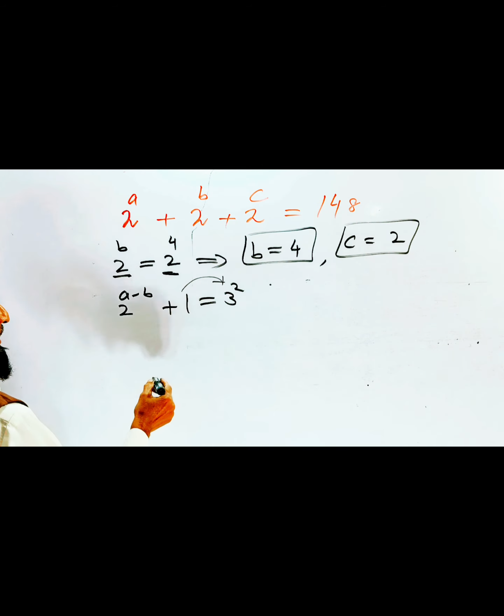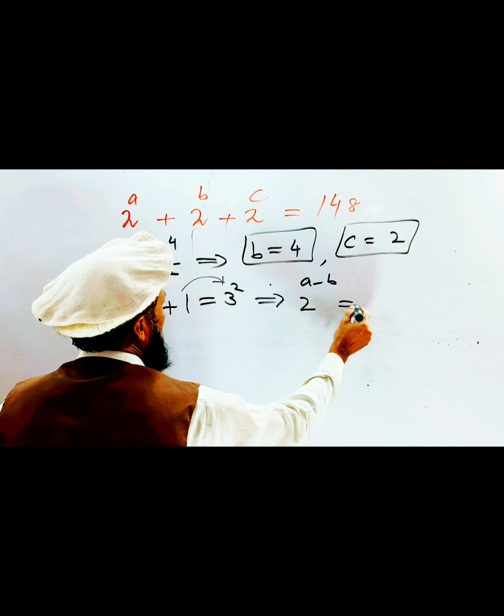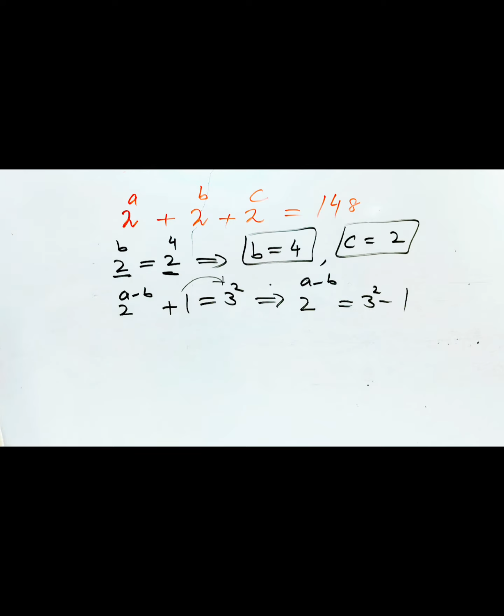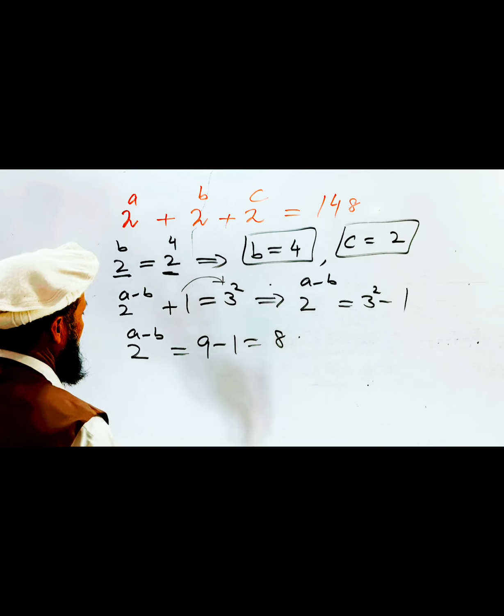On the right side the sign is changed, so 2 exponent of a minus b is equal to 3 square minus 1. Here it is positive, we transfer it, so the sign is also changed. So 2 exponent of a minus b is equal to 9 minus 1, which is 8.